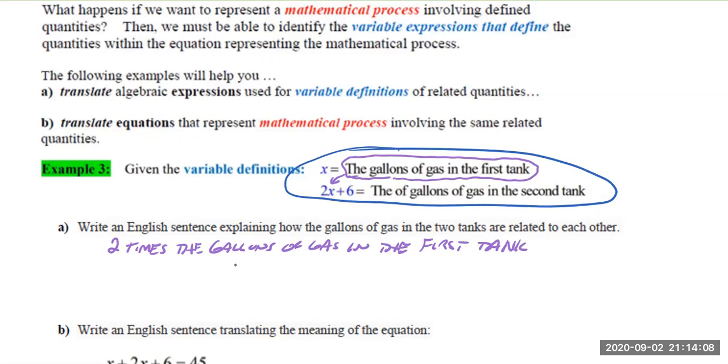So 2 times the gallons of gas in the first tank plus 6 is the gallons of gas in the second tank, right? Now that's a straightforward translation just by substituting in English what X represents.